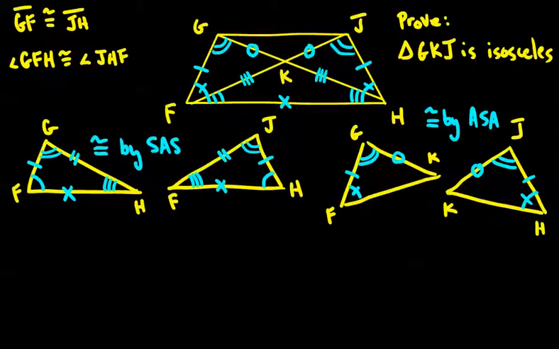And now we can see that triangle GKJ must be an isosceles triangle because two of its sides are congruent. And so therefore, triangle GKJ is isosceles. And that should do it for this particular problem.